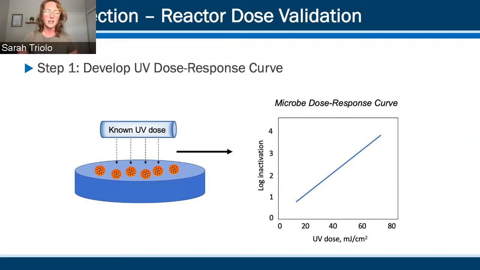So let's say you expose your dish to 20 millijoules per centimeter squared, and then you can measure how much log inactivation you're getting, how much of this pathogen you're killing. You repeat that at different UV doses, and then you can develop what I'm showing here on the right, which is this dose response curve for the particular microorganism that you're using in your testing. So that's the first step, developing this curve.